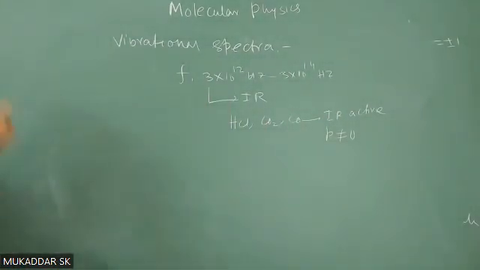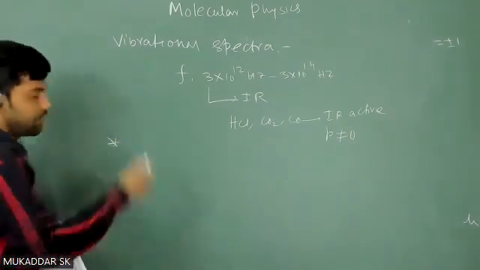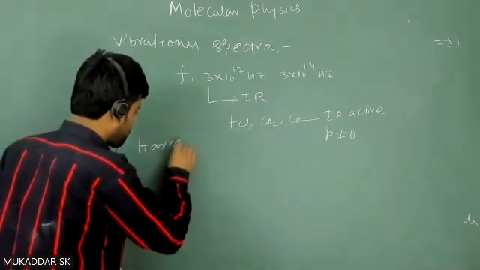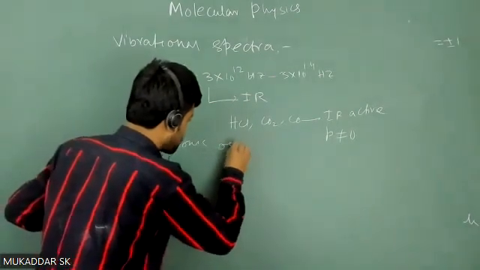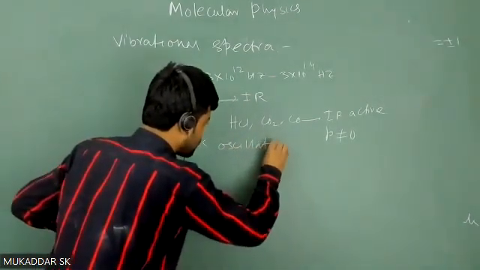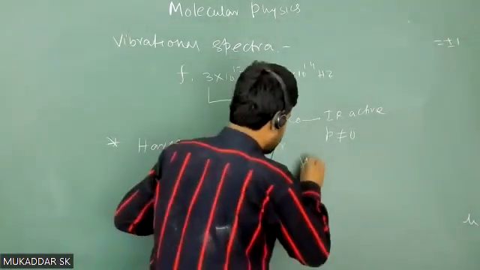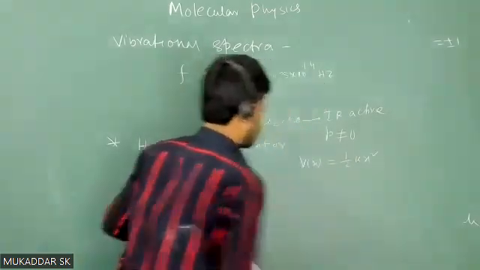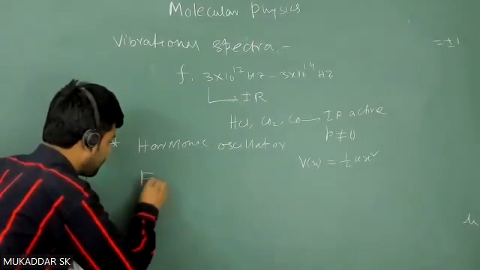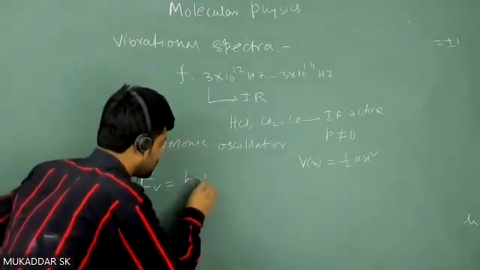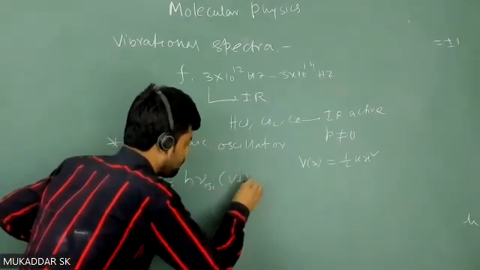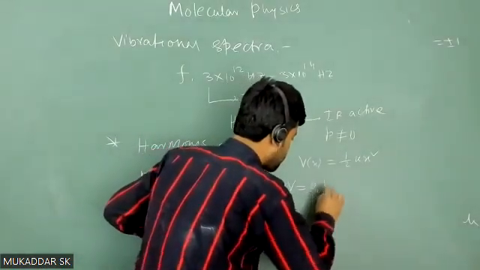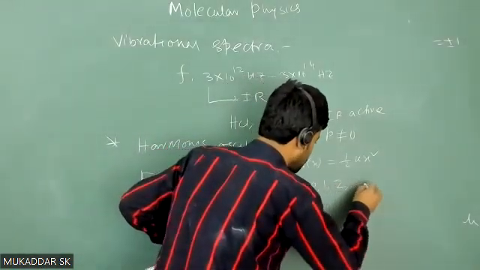Now if you see that energy, if you consider that vibration is like a harmonic oscillator, then the potential will take form V of x, that will be half kx square, and the energy of vibration, that will be h nu oscillation into V plus half, where V is called vibrational quantum number, and V will be 0 for ground state, 1 for first excited state, 2 for second excited state, and so on.